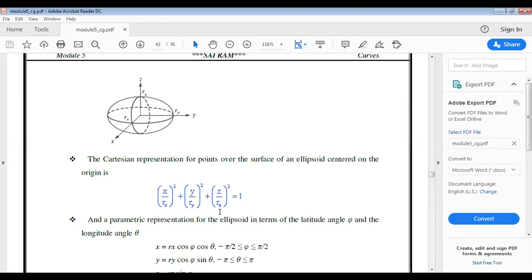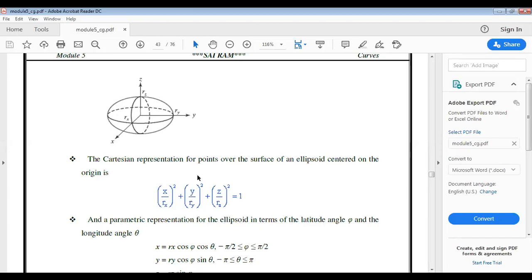From the center point of the ellipse, the radius is not the same on the surface. For example, consider this point. From this point to this point you have a separate radius, and from this point to this point you have another separate radius.